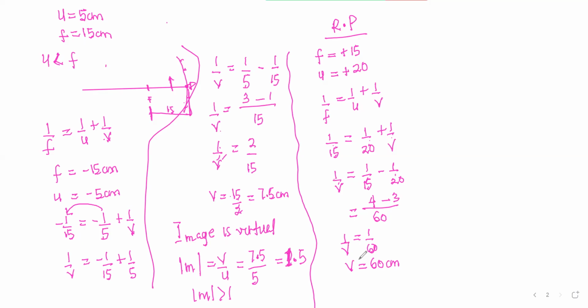An object is 30 centimeters from a spherical mirror along the central axis. The central axis is the principal axis.